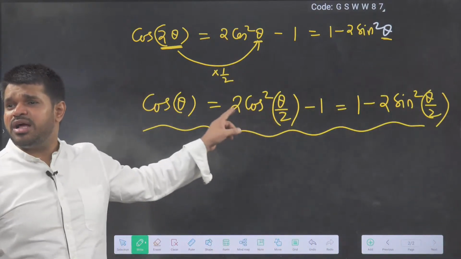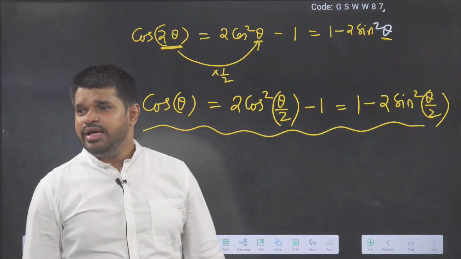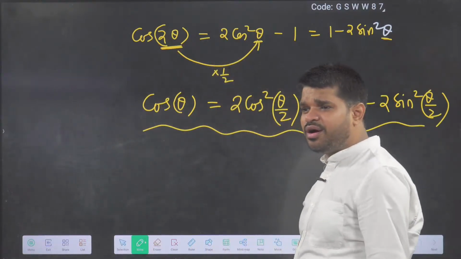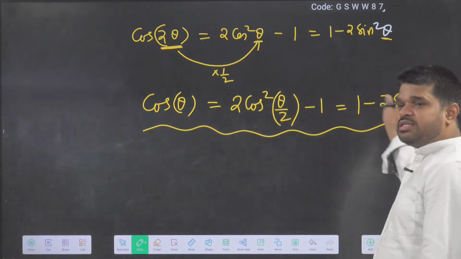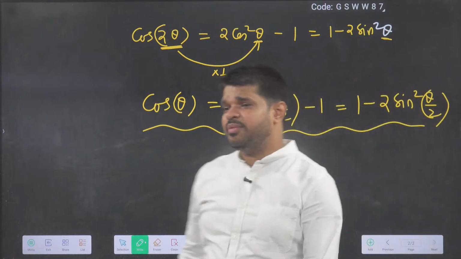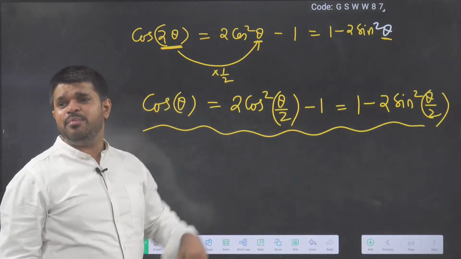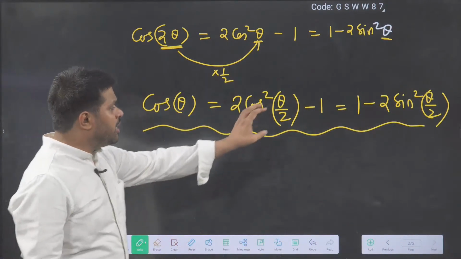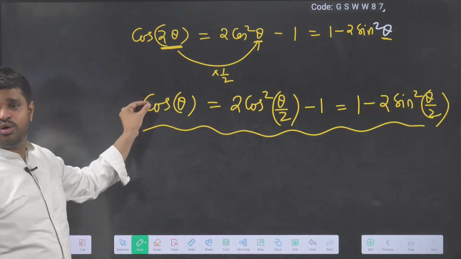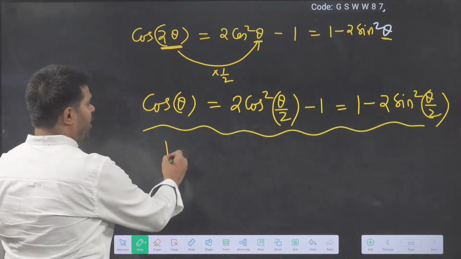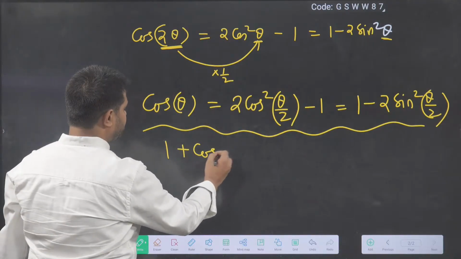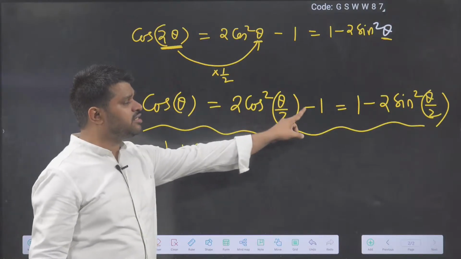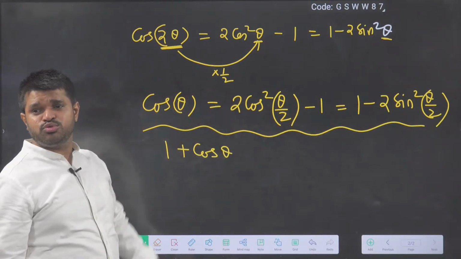So is this formula clear? Now, just by rearranging them, I am writing two more formulas. Send this one here, and minus 1 goes here, becoming plus 1.